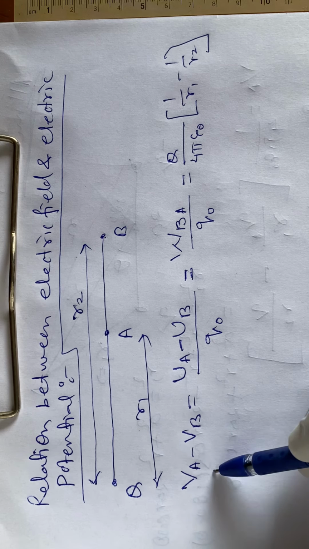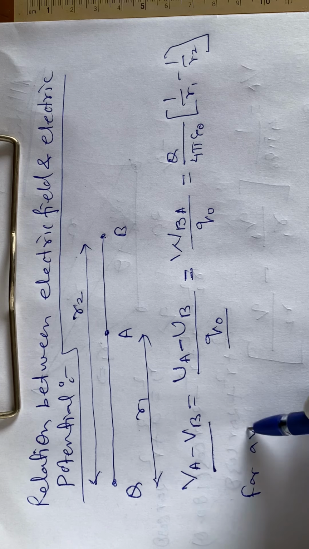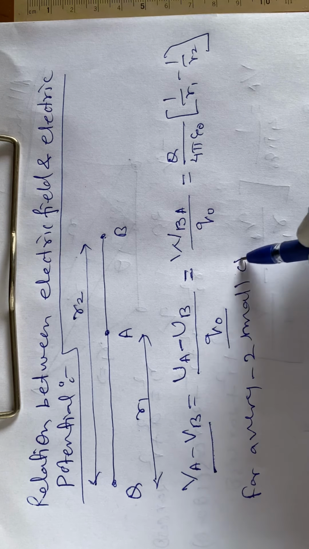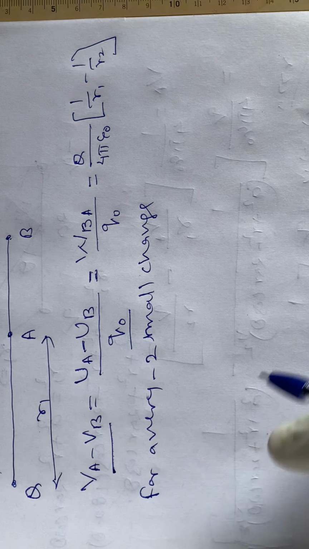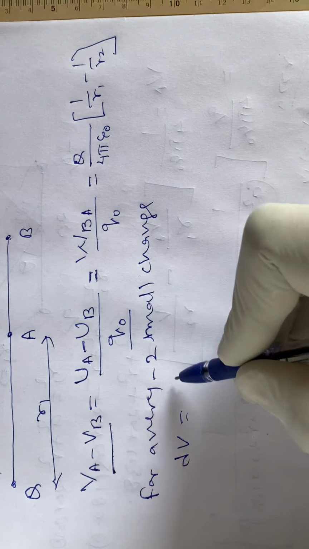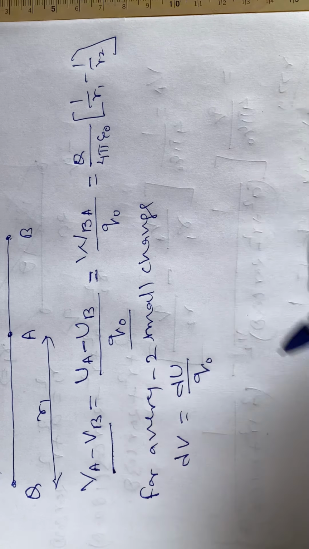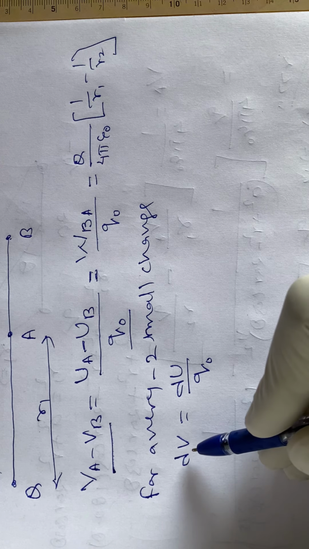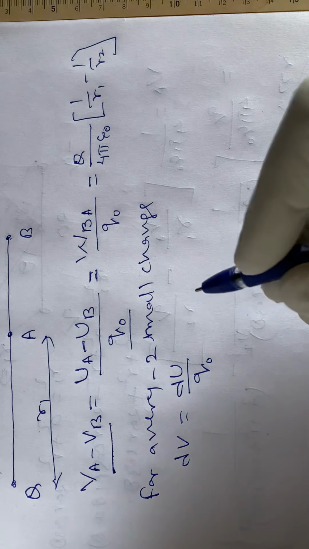Now, let us use this for a very small change. We can write VA minus VB as dV, and UA minus UB as dU. So dV is equal to dU upon the test charge. dV is the change in electric potential and dU is the change in electric potential energy.